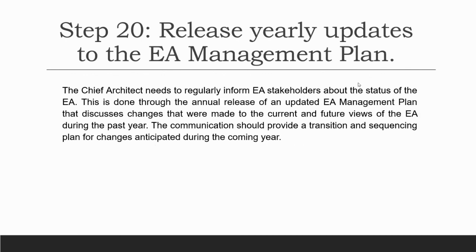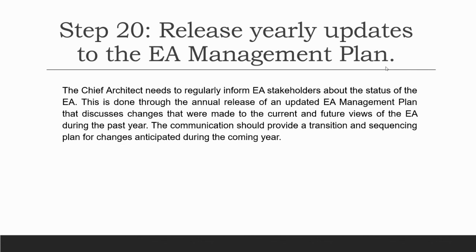Step 20, which is the last step, is to implement EA. Release yearly updates to the EA management plan. The chief architect must keep EA stakeholders up to date on the status of the enterprise architecture on a regular basis.